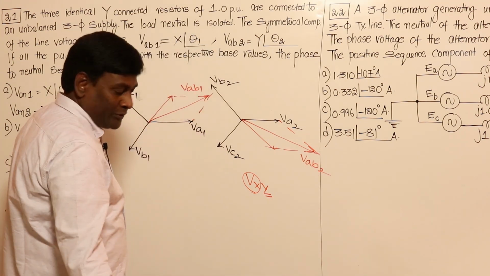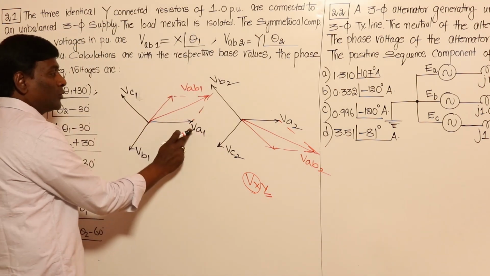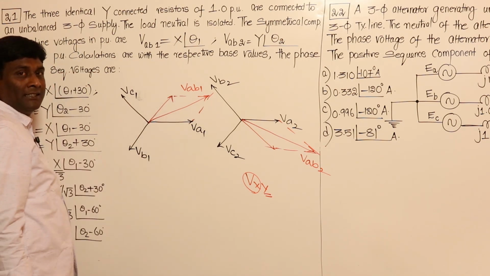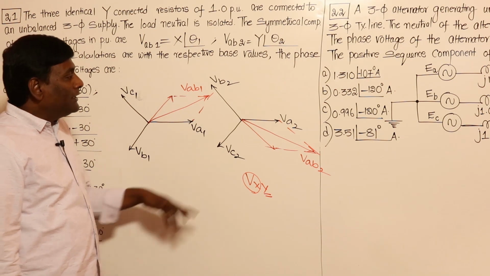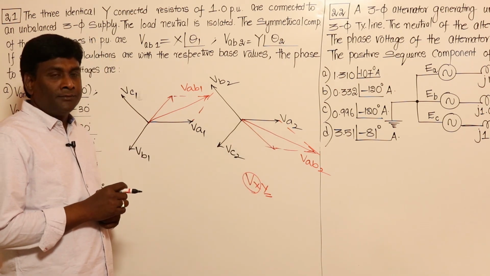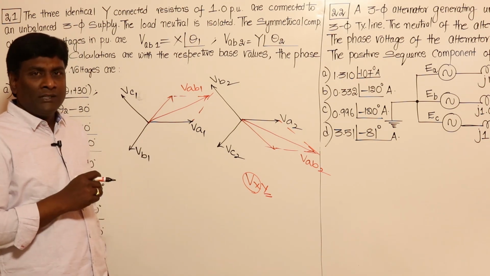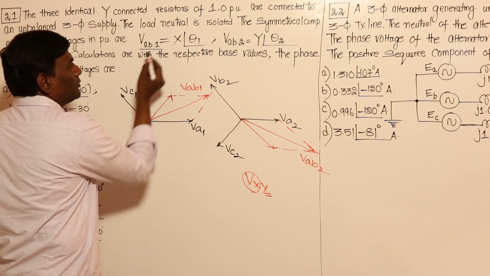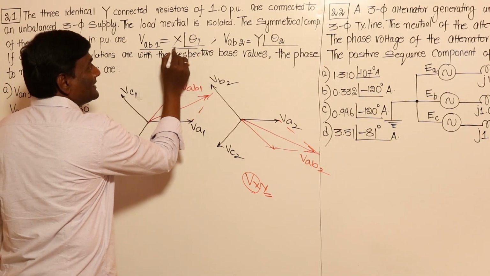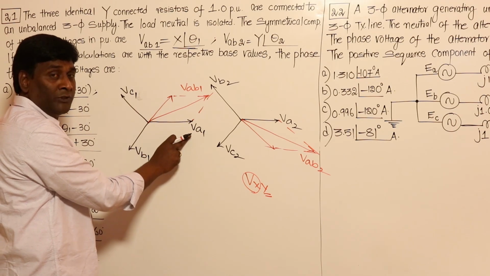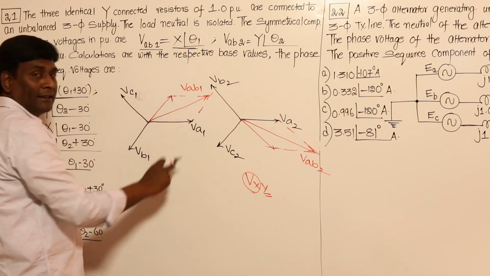Now with respect to VA1, my line voltage should lead by 30 degrees in positive sequence, and in negative sequence the line voltages lag behind phase voltages. Actually this is the rule normally we discuss in network theory, but anyway, see here with respect to VAB1, VAB1 is x at theta 1, so how much is VA1 or VAN with respect to neutral? 30 degrees lag.